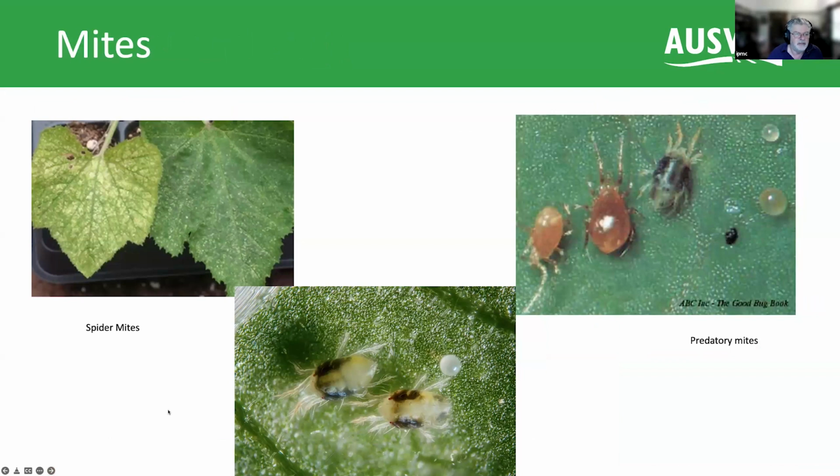Another broad pest of many crops are spider mites. There are a few different varieties of spider mite: bean spider mites, tomato spider mites, and the two-spotted spider mite that you can see in the bottom picture there. One of the issues with spider mites is that if you have to deal with a pest by using a very broad spectrum insecticide that kills off any beneficials that are around, you can actually induce a secondary problem with something like spider mites that are very resistant to chemicals moving in and becoming a problem in the crop.